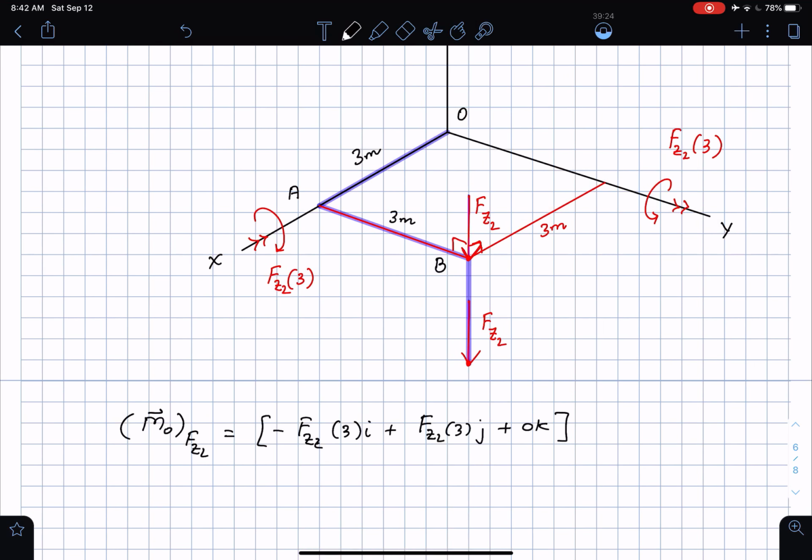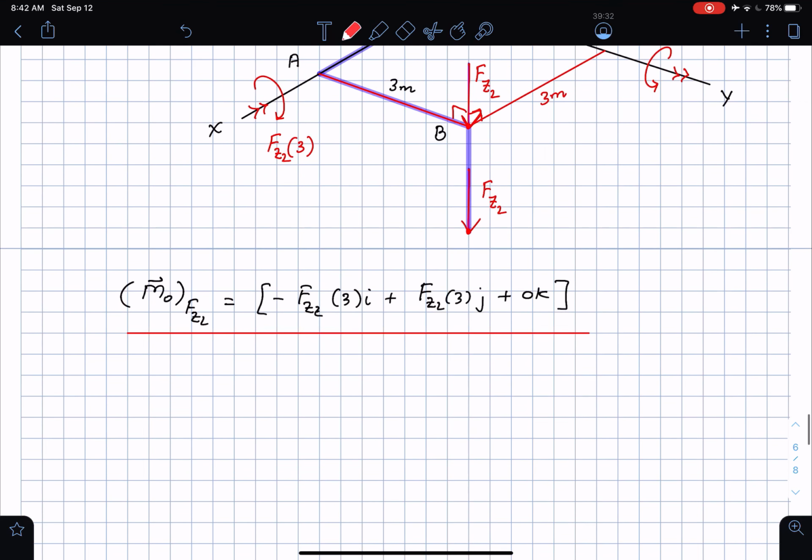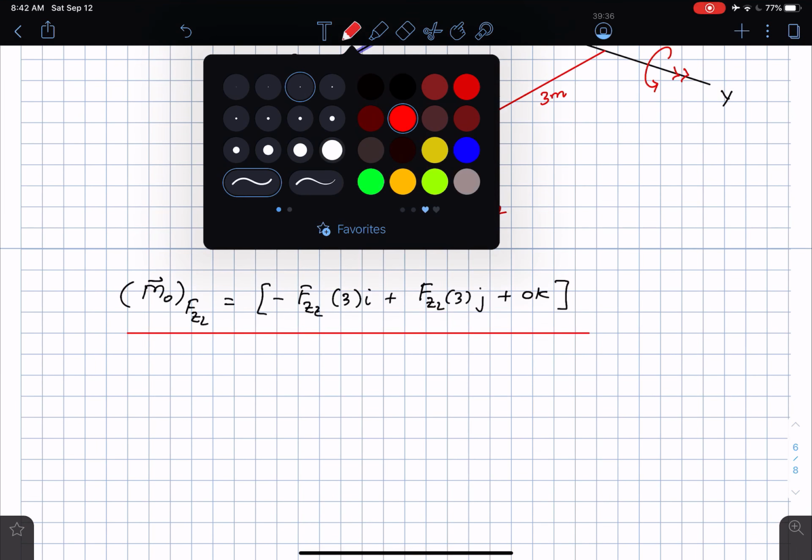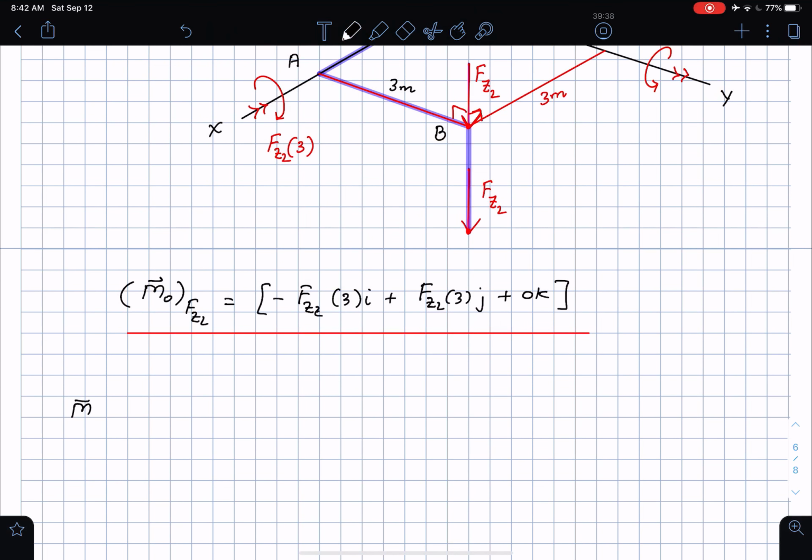It is obviously clear that since the force is along the z direction, it will not have any component in that particular direction. Which means that the total moment, I'm going to write this in the black color, MO due to F2 is MO due to F2x, MO due to F2y, MO due to F2z.